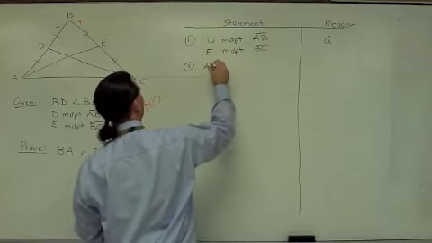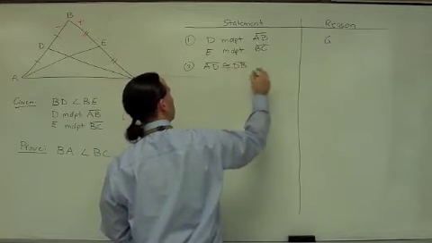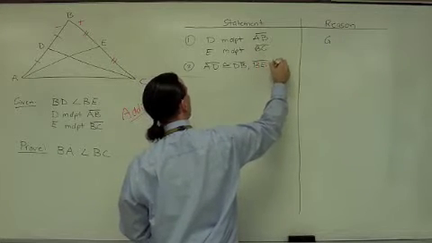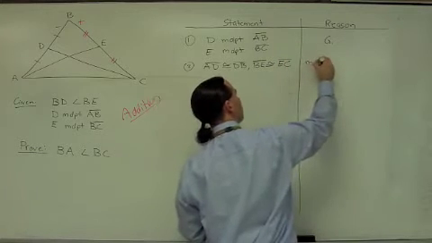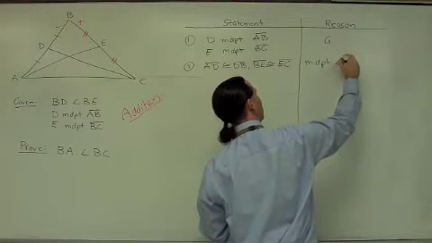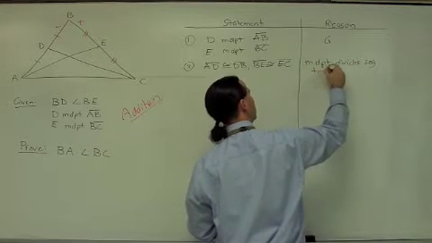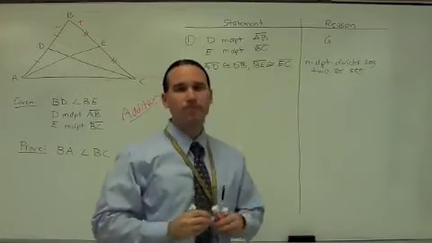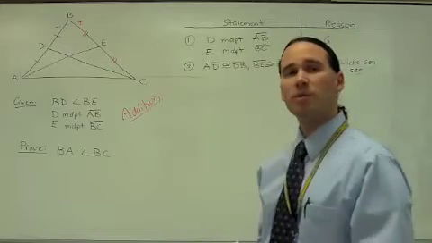AD congruent to DB, and BE congruent to EC. My reason? Midpoint divides the segment into two congruent segments. Okay. So what we've done so far is taken midpoint, broken up those two segments.